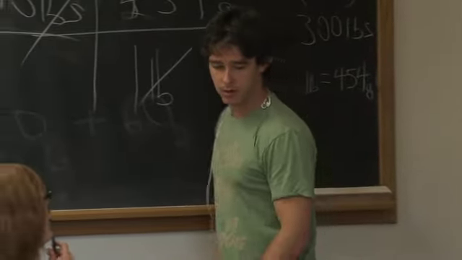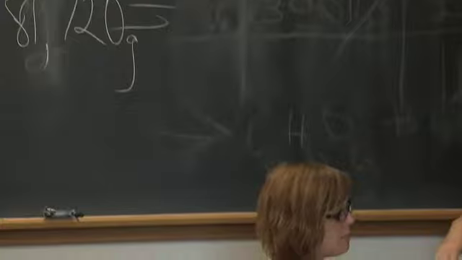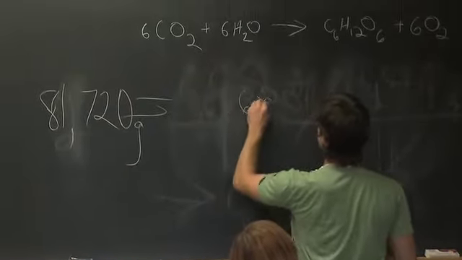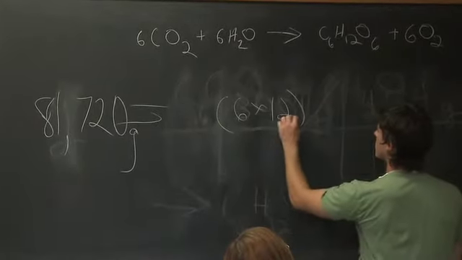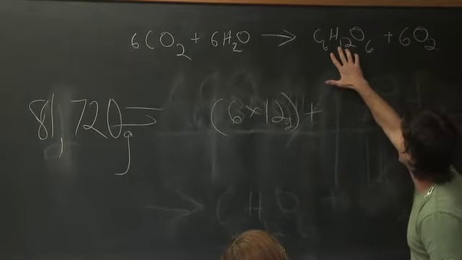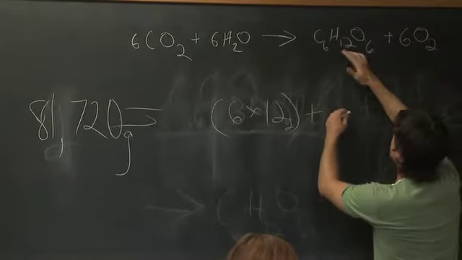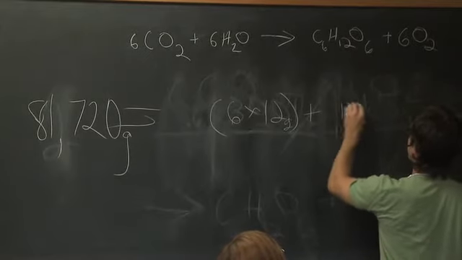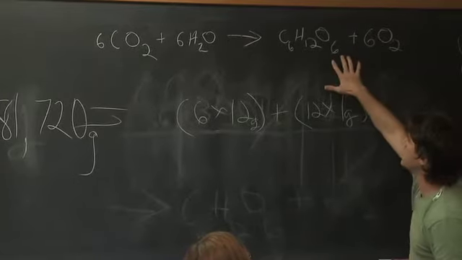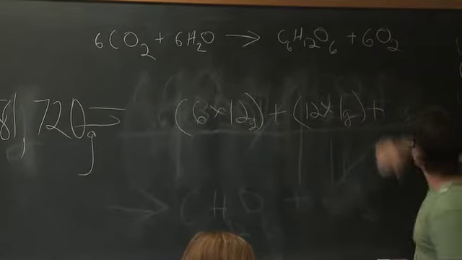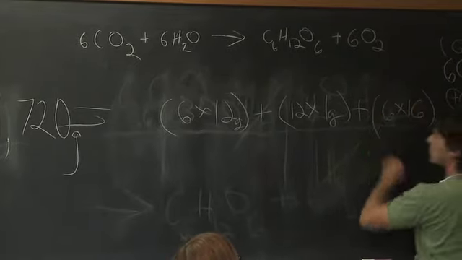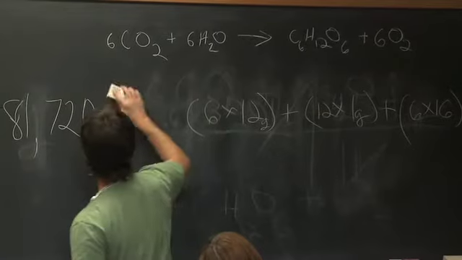We use a periodic table to add. 1 mole of carbon weighs 12 grams, so 6 times 12, plus 12 hydrogens, and hydrogen is 1 gram, so 12 times 1, plus 6 oxygens, that's 16, so 6 times 16. Now we need to add all those up.